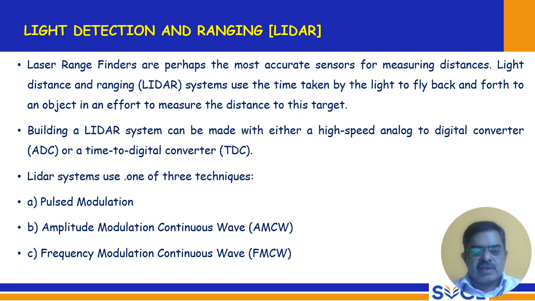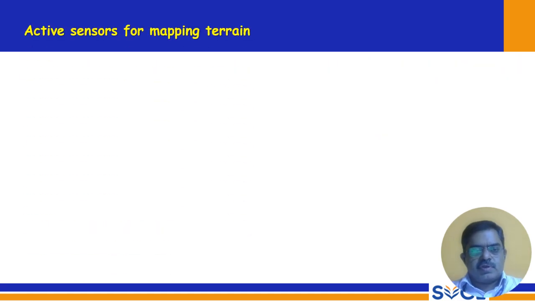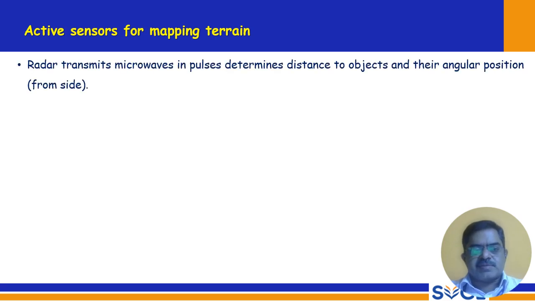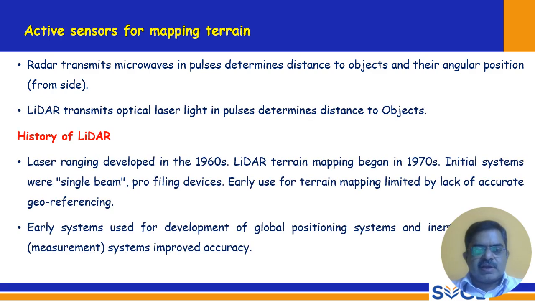So these are the three techniques used in Lidar systems. Active sensors for mapping terrain: Radar transmits microwave pulses to determine distance to objects and their angular position from sight. Lidar transmits optical laser light in pulses to determine distance to objects.